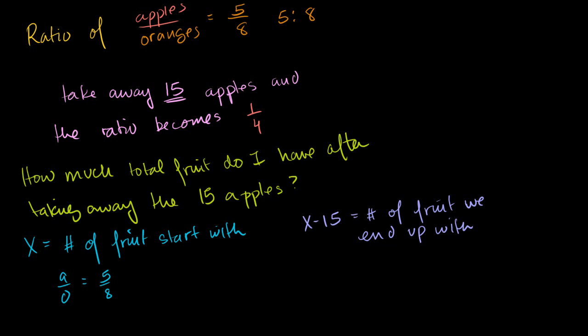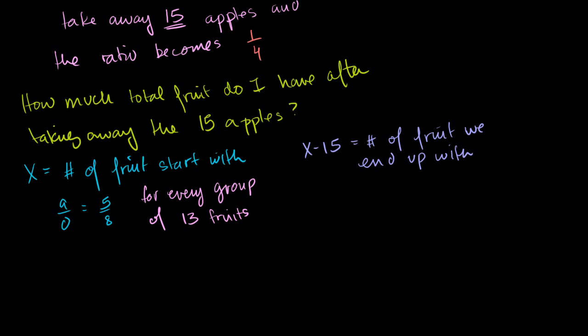That's just another way of saying that, assuming we can divide our group of fruit into a set of groups where every group has the same number of apples and oranges, for every group of 13 fruits, there are 5 apples and 8 oranges. That's what this tells me.